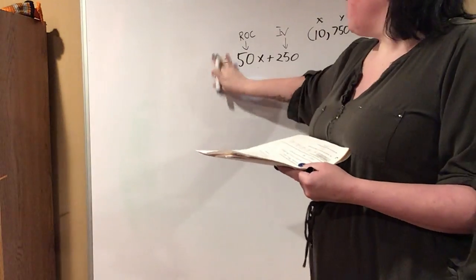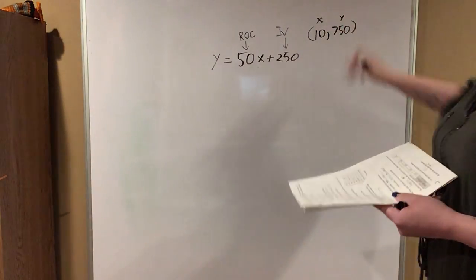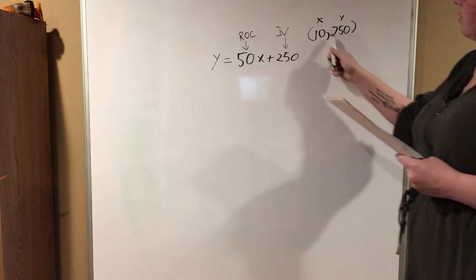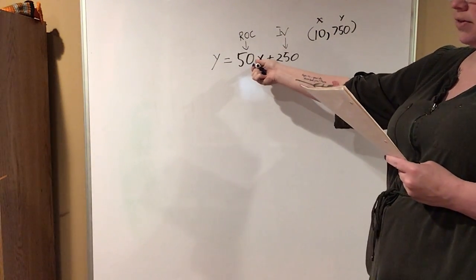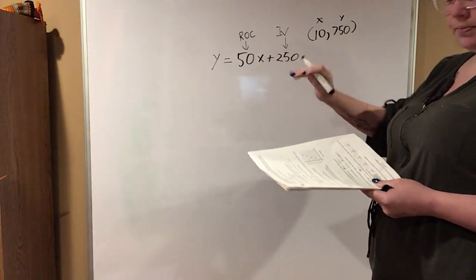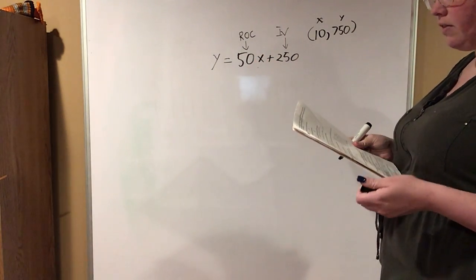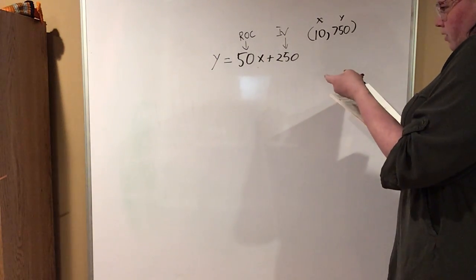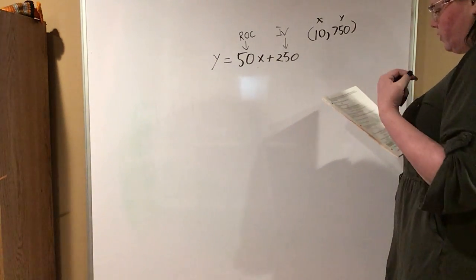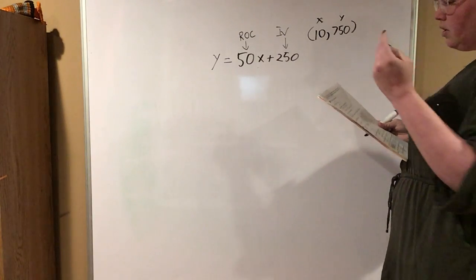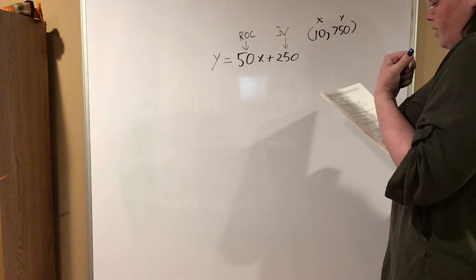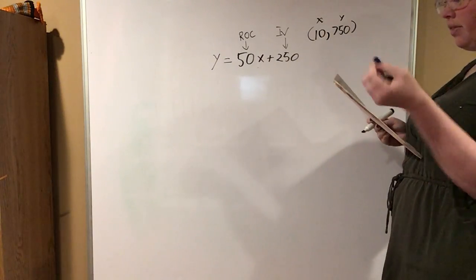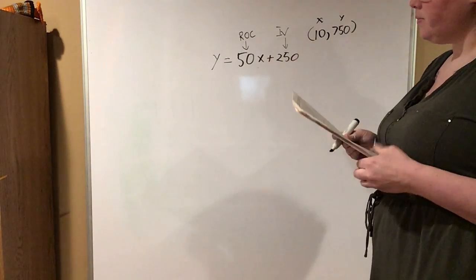Let me read you the problem. It says Manuel is saving for college. The equation y equals 50x plus 250 describes the situation where y represents the amount of money in his savings account and x represents the number of months since he opened the savings account.